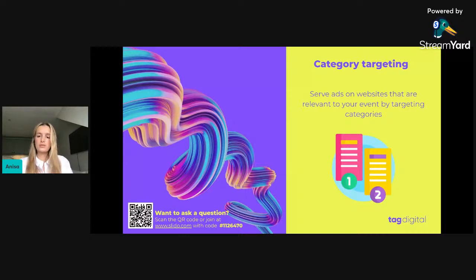So we can then choose to target the category art and entertainment, and the ads would then be visible on the websites that are classified as this category. And this is the broader targeting option compared to contextual targeting, since here we target a whole category rather than specific keywords. And this is also a really good approach for reaching new users and increasing your brand awareness.